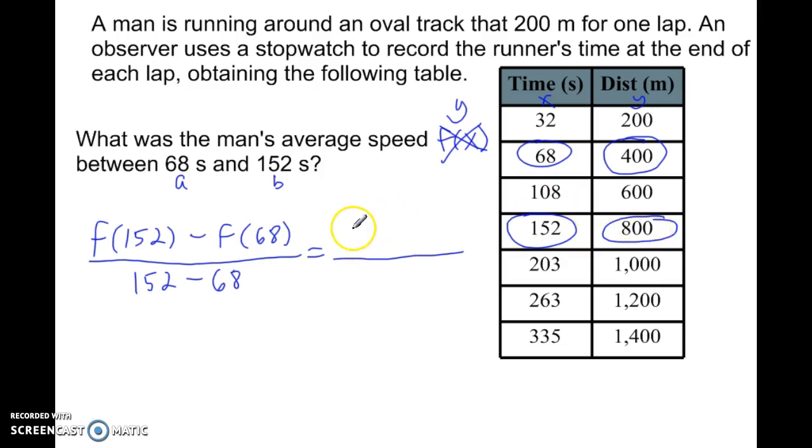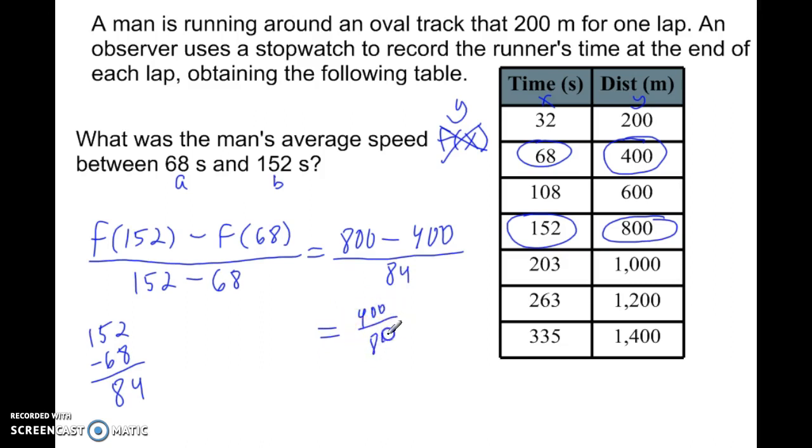It should work out just fine. So f of 152 is 800 minus 400 over, let's see, 152 minus 68, which is 84. And so this would be 400 over 84, which is 200 over 42, which is 100 over 21.